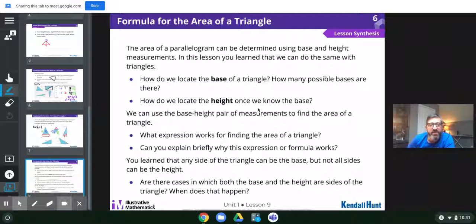Now, how do we locate the height once we know the base? We do that by drawing a perpendicular line from the base to the opposite corner, or the opposite vertex. And then we know that we can use those measurements to find the area. And what is our formula to find the area? Can anybody tell me again?